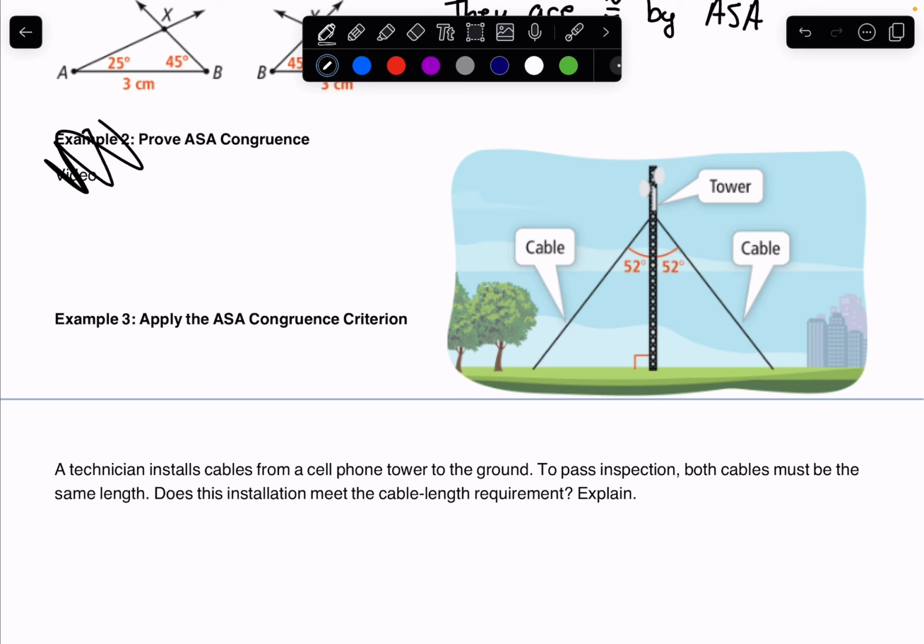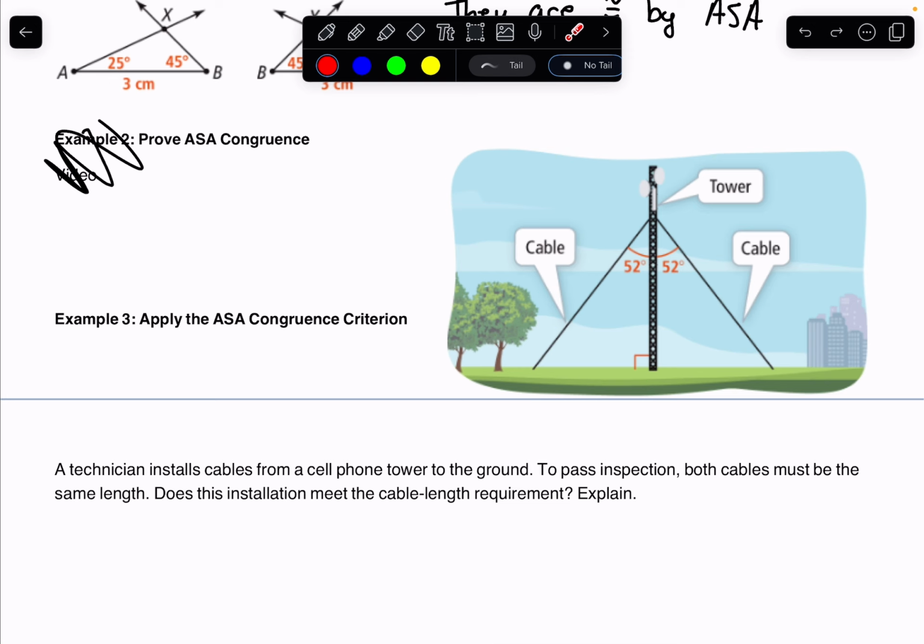So if I look at the 2 triangles that were made by this tower and cable arrangement, I see that they both have a 52-degree angle right here. I see that they share a side. They share the tower as being the side of one of those triangles, so I know that side is congruent to itself.